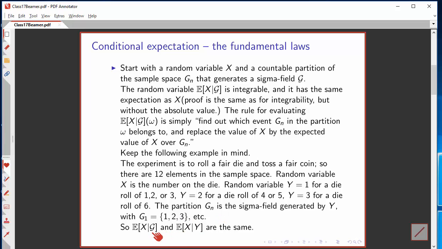The notation, expectation of X conditioned on G and expectation of X conditioned on Y are the same. And as I said in the last introductory video, anytime you have a random variable whose level sets generate the partition, the conventional thing to do is just say you're conditioning on that random variable.